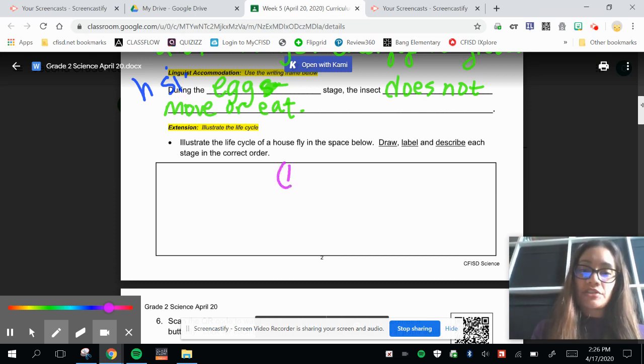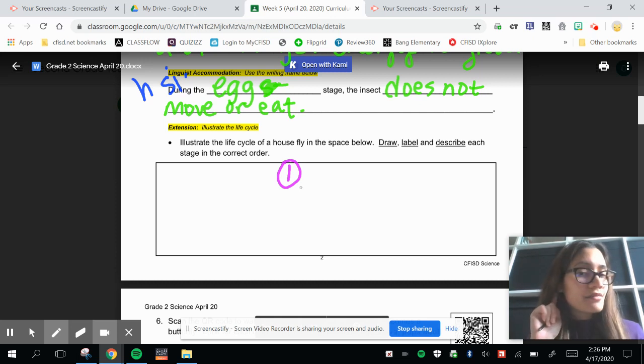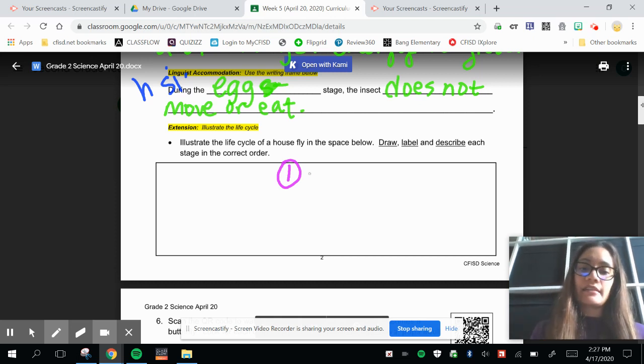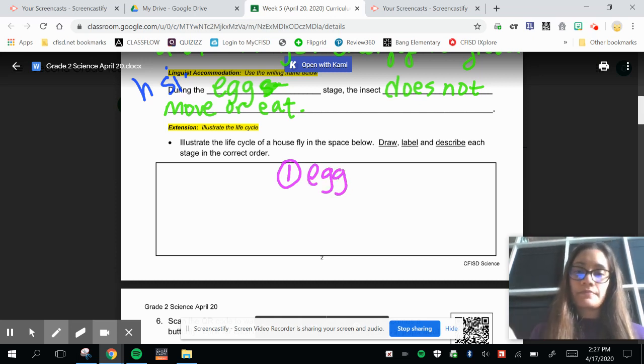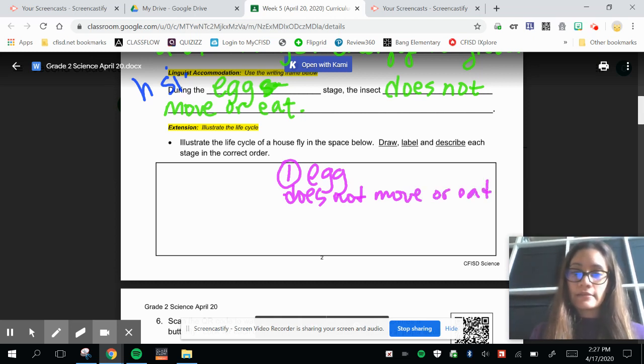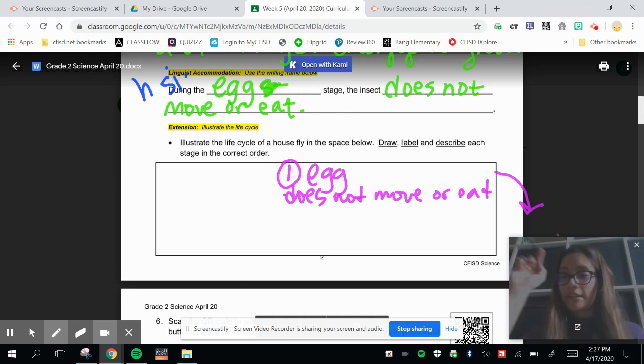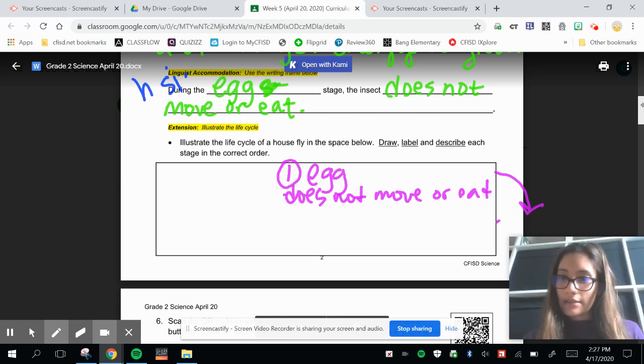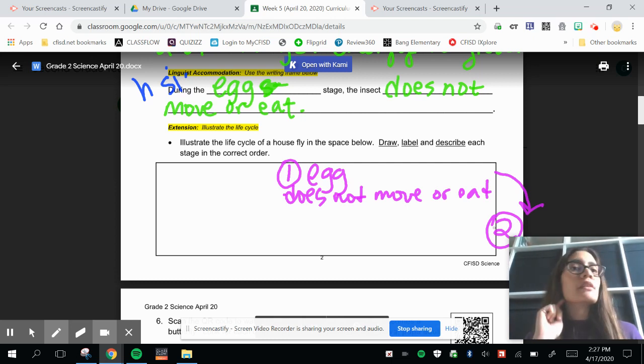The first stage, what is it? Egg. Egg does not move or eat. Draw my arrow. Second stage, larva.